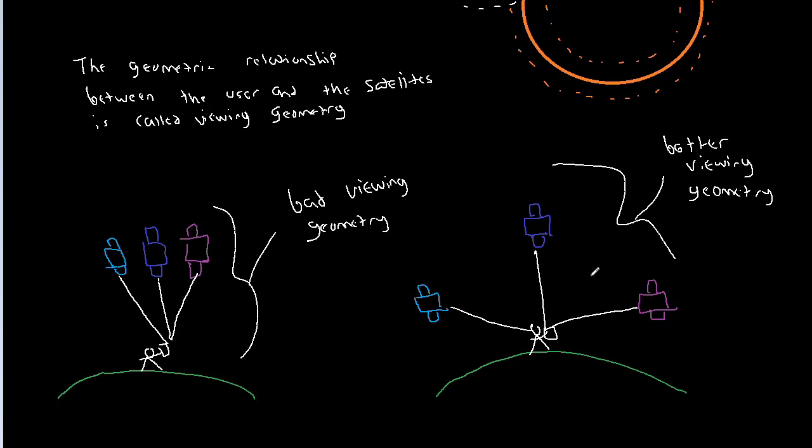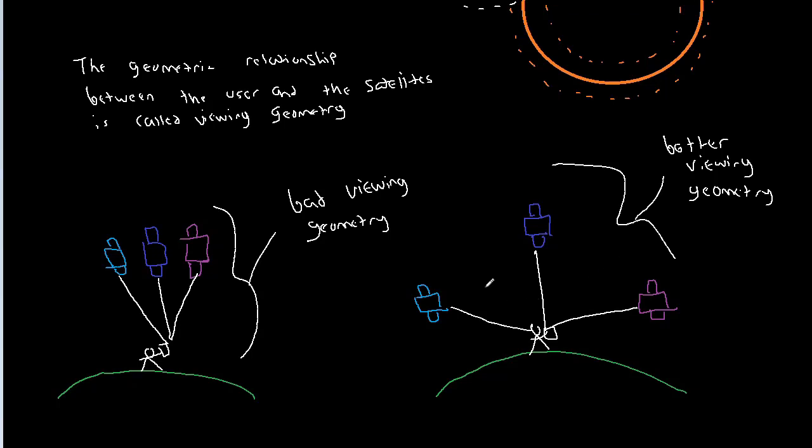And again, just based on geometry, as we spread these things out farther in space, we reduce the area of overlap given the uncertainty. So all things being equal, a better viewing geometry is going to give a better estimate of location than a bad viewing geometry.